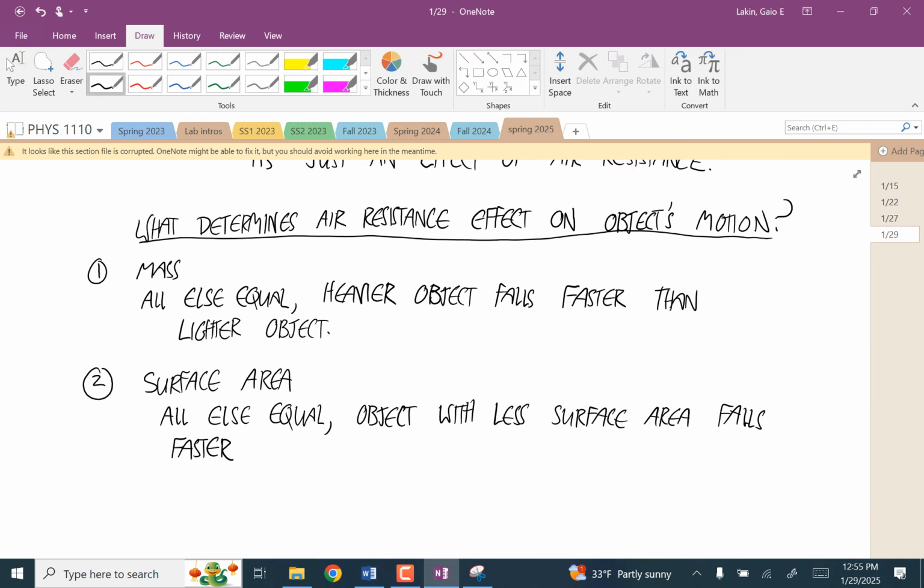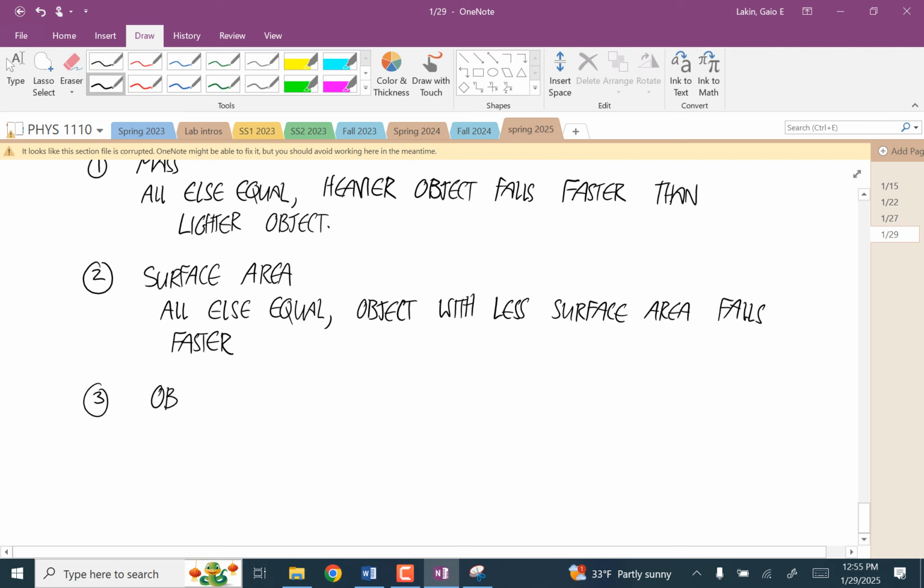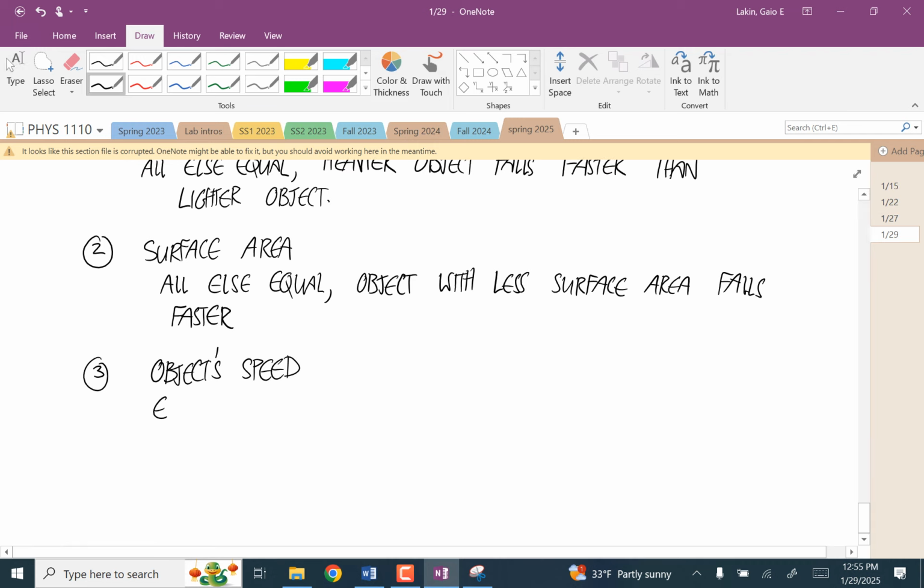And then the last one, and the one that has the biggest effect on it, is the object's speed. This one is extra important.